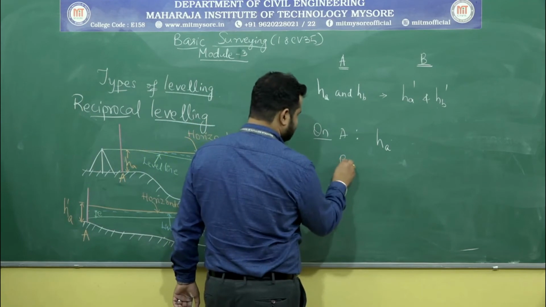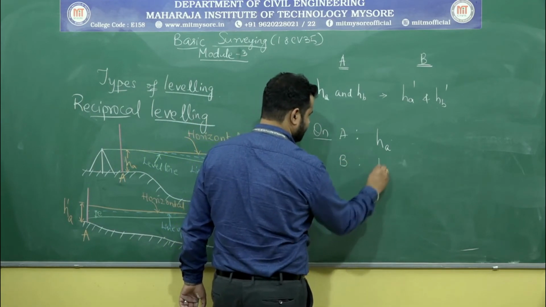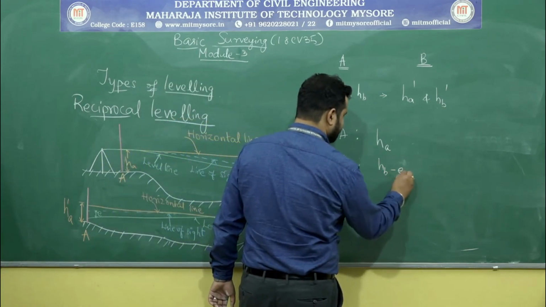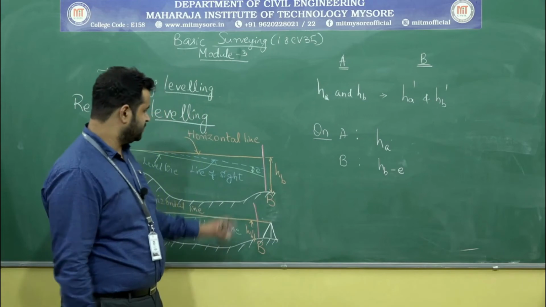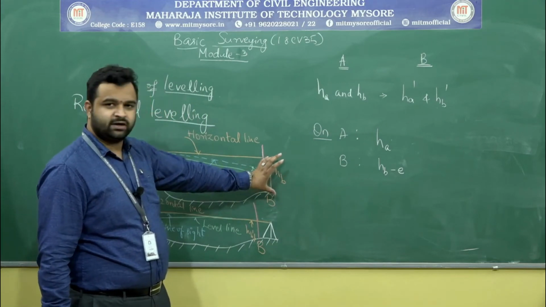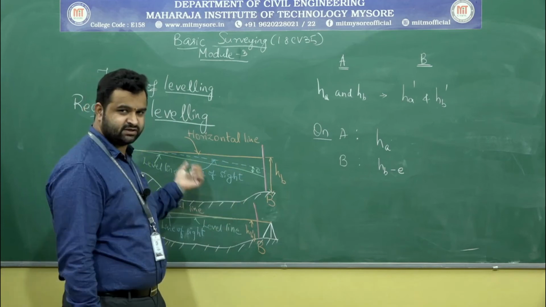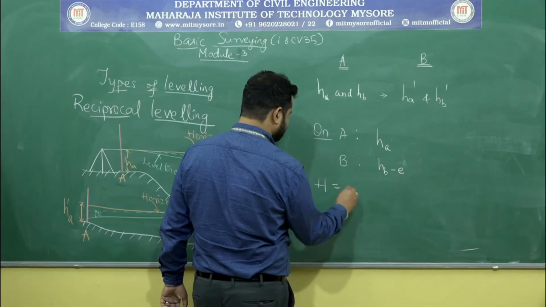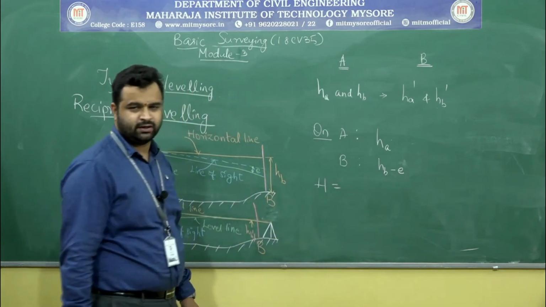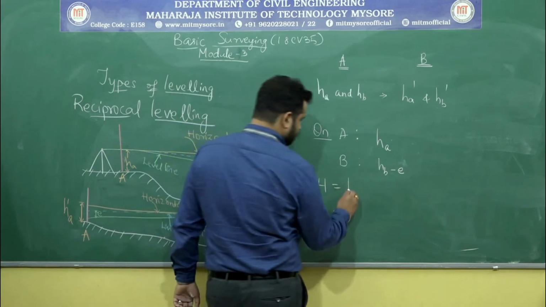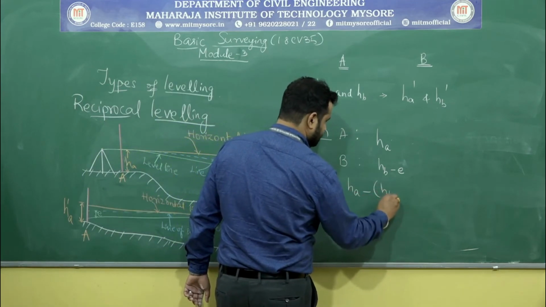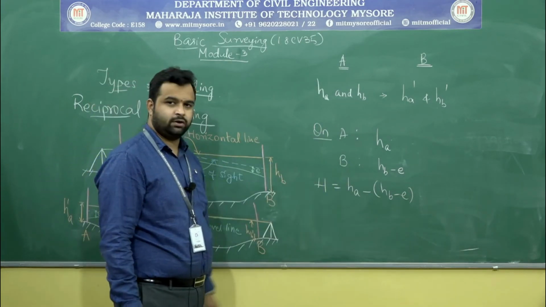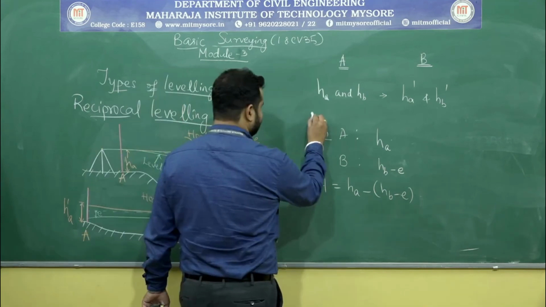When the staff is on B, the staff reading taken is HB, but the correct staff reading, considering the error, should have been HB minus E. Therefore, if I calculate the capital H, the difference in elevation between point A and point B, I will get HA minus (HB minus E). So this is the true difference in elevation between A and B. This is the first set.